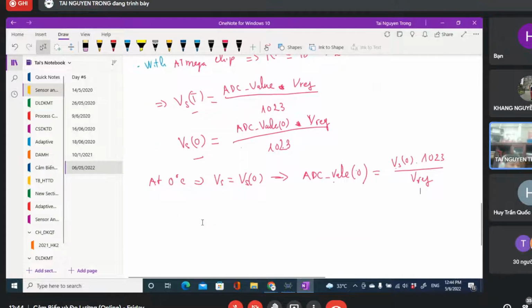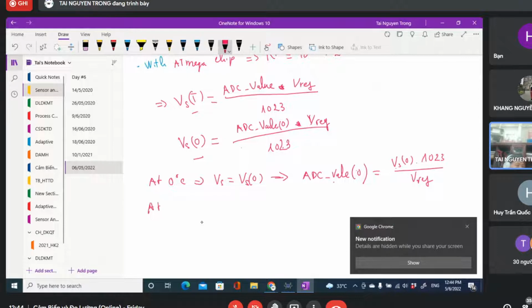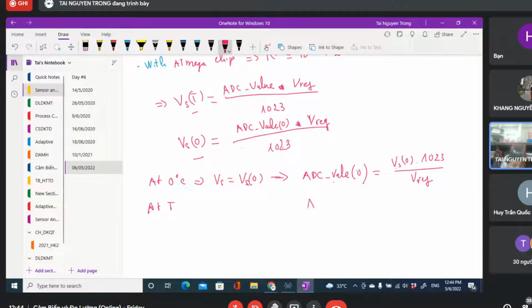And at this point we can get the ADC value equal to Vs multiplied by 1000.